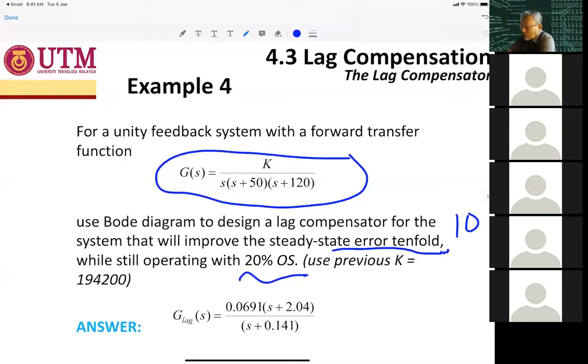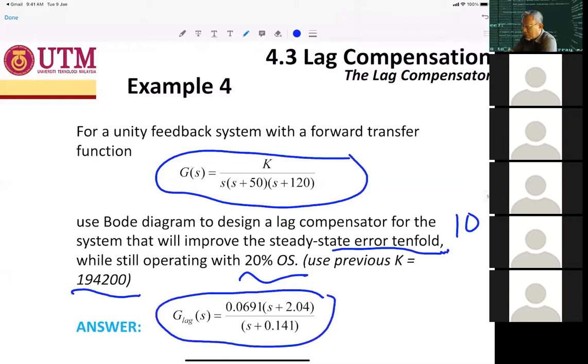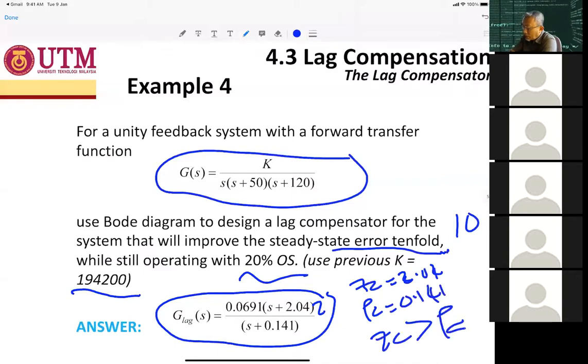Use the previous K as 194,200. So this is the answer. You can see that ZC is 2.04 and PC is 0.141, so ZC is greater than PC. Always remember this in the lag compensator.